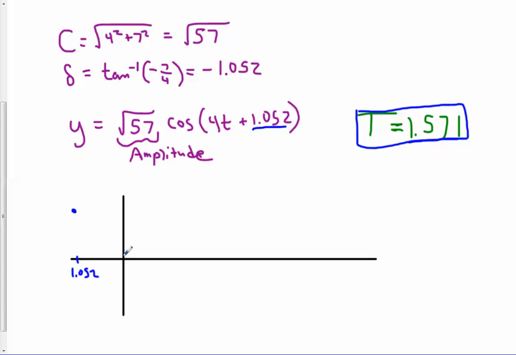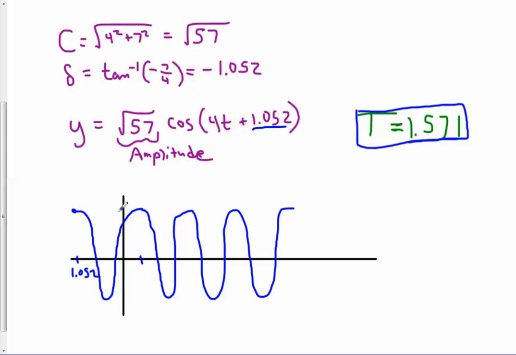So of course that's going to bring us past 0 to somewhere around maybe there. Yeah, something like that. So this is going to do one full cycle. It's going to go down and then back up again, which is one full cycle in that amount of time. So it's going to kind of do that. So that's got the correct period, and it's starting at the right place. And then, of course, it just repeats, like that.